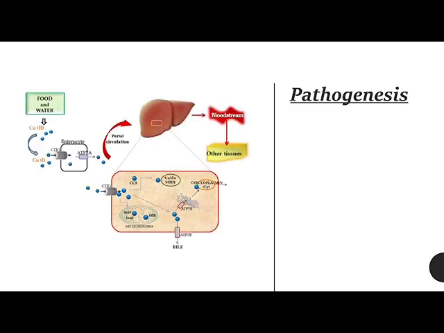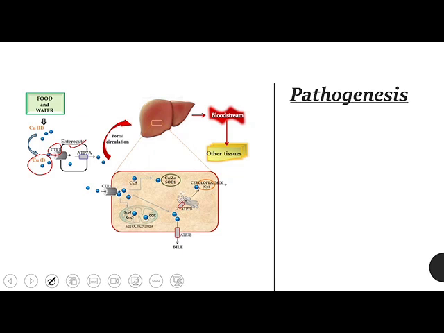Here we see the source of copper is our food as well as water. Water contains various minerals within it, and these are the two sources of the copper. This copper will be transported through the copper transporting receptor, which is present on the enterocyte, and this enterocyte helps in the absorption of the free copper from the GI tract.